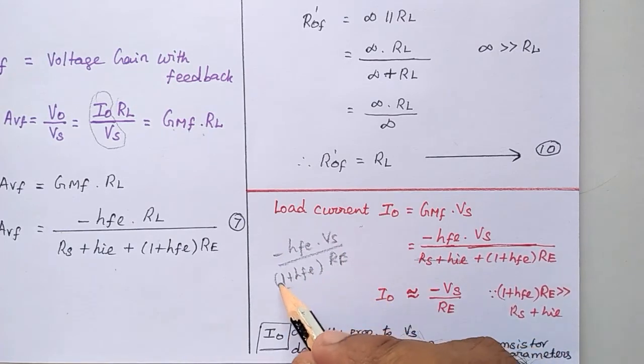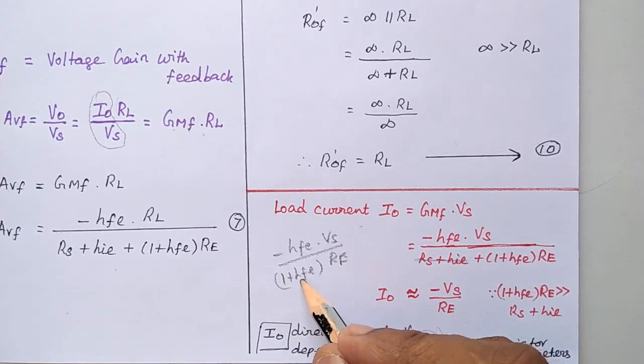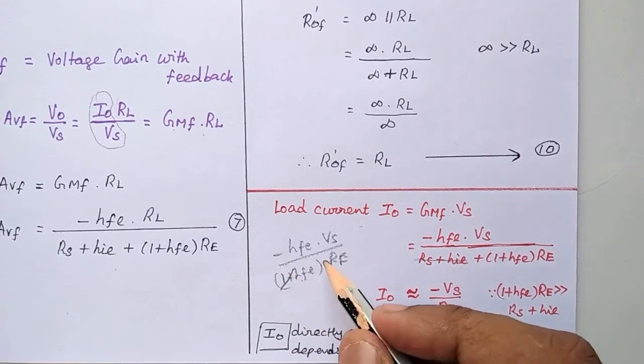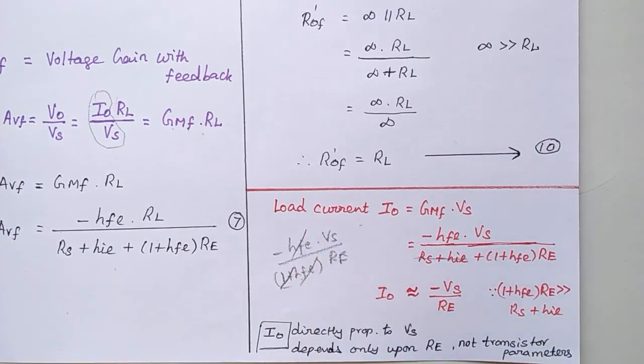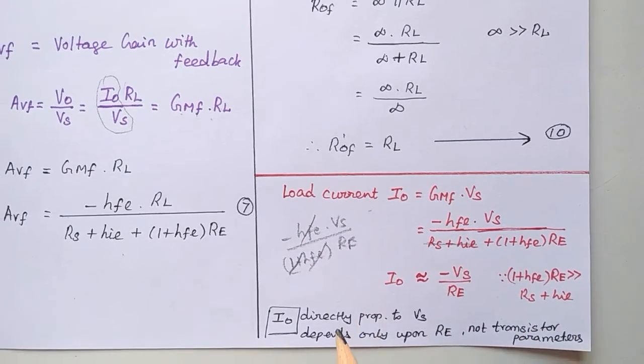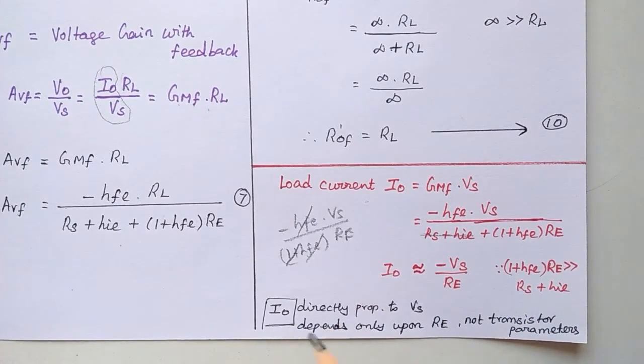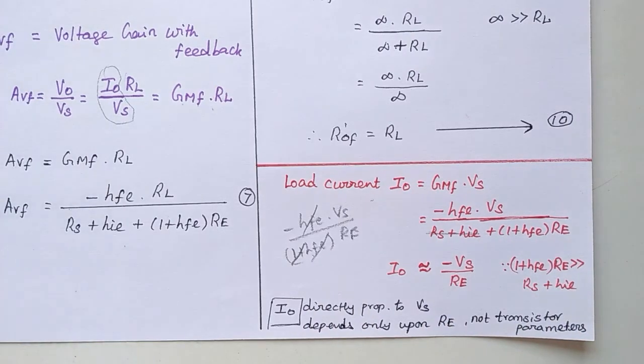Next, when we compare 1 and HFE, the HFE is a very great value, hence we eliminate 1. Finally, HFE gets cancelled. Finally, we get I naught is equal to minus Vs by RE. From this, I can give the conclusion that I naught is directly proportional to Vs. It depends only upon RE, not transistor parameters. So, I naught does not depend on the transistor parameters. It only depends upon RE. Okay. Till now we are completing this.